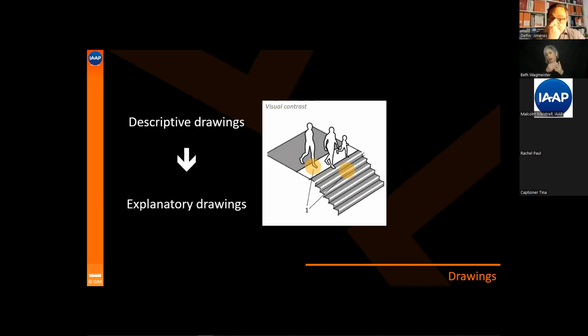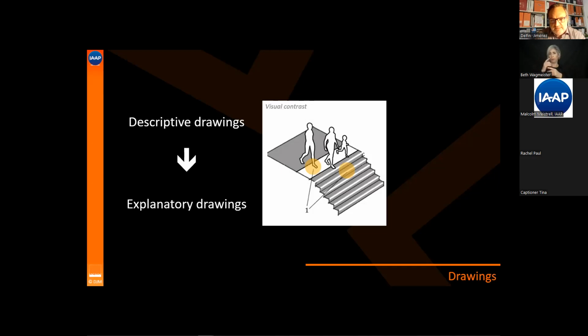In this figure on the screen, you can see a stair and two highlighted key points. The first one, the previous band with tactile element, is necessary to locate the change of level. And the other key point is the edge of every step. It's very important to control the distance. Those are the two key points for visual contrast.